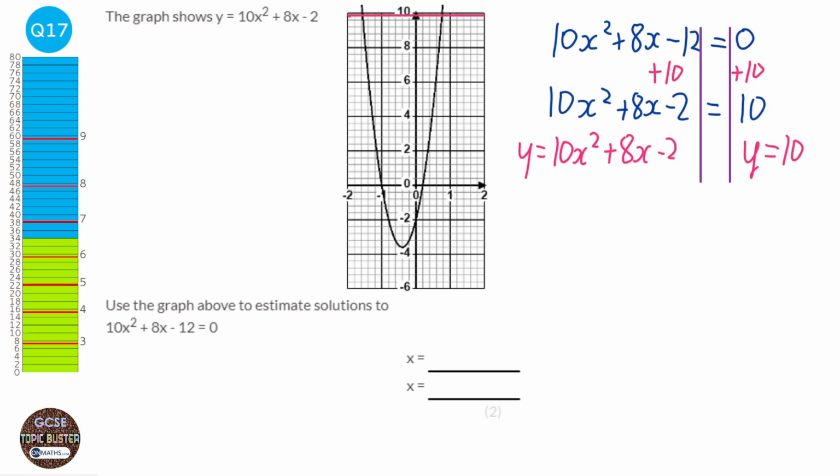There we are. I need to move that up a little bit. There we are. And let's read off the values that that gives us. So it comes down here, and it comes down here. So the values it comes down to are minus 1.6 and 0.8. And those are our solutions.